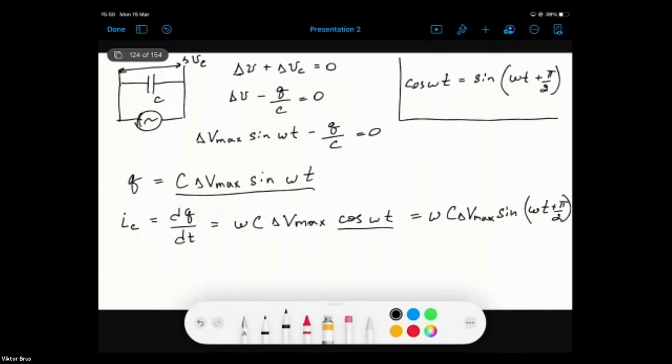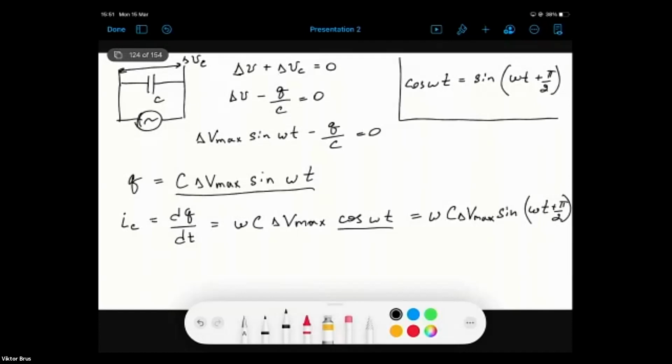So we see that there is some phase shift between voltage applied to the capacitor and current flowing through the capacitor. So in this case, current will lead the voltage over a capacitor by 1/4 of the period. So there will be a phase shift of 90 degrees.